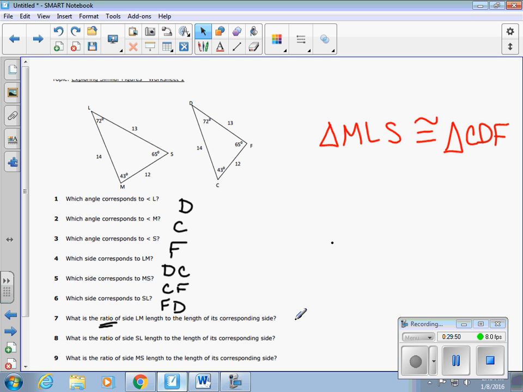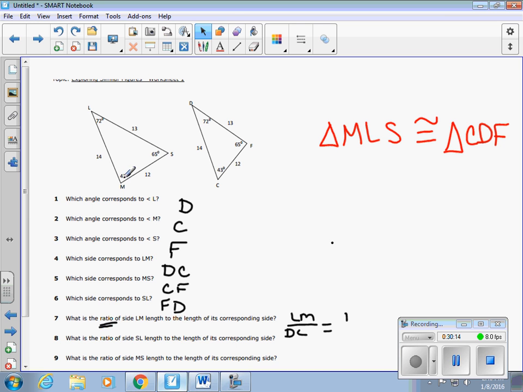So Whitley, what side corresponds with LM? DC. And what is the length of LM? No, what's the length of LM?